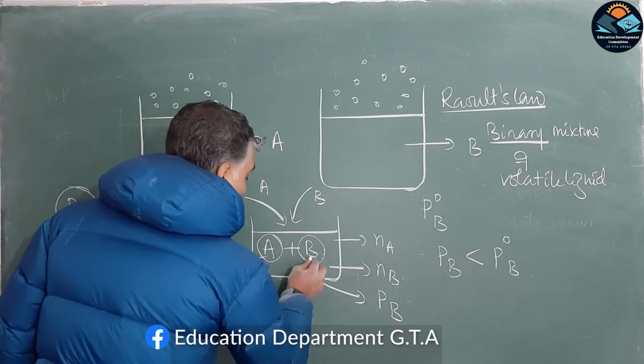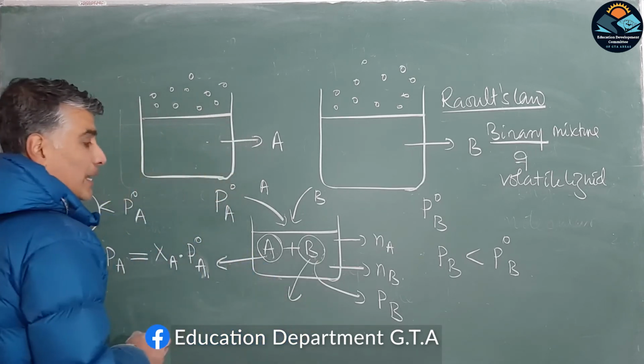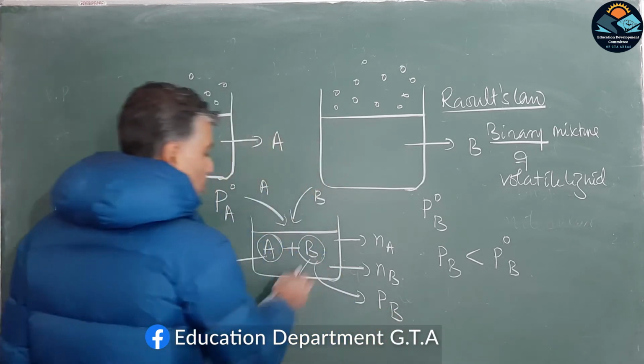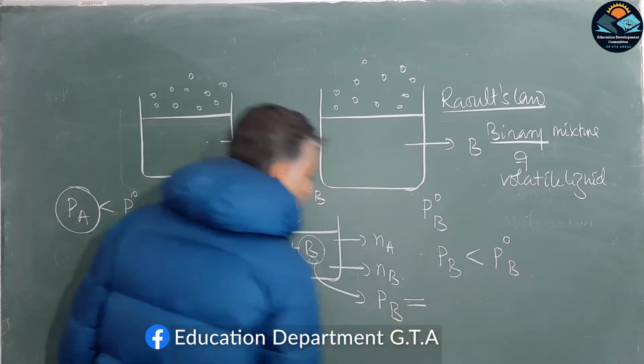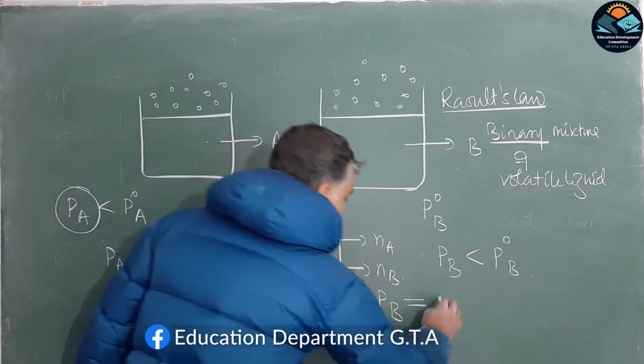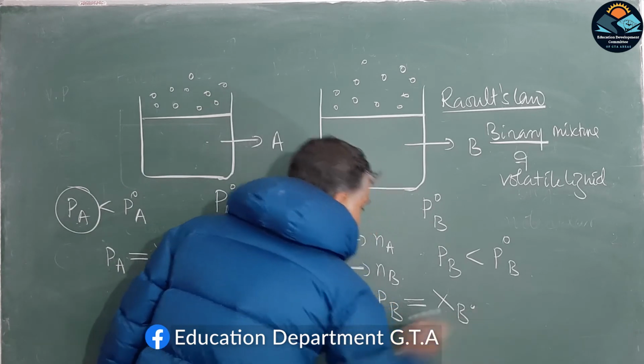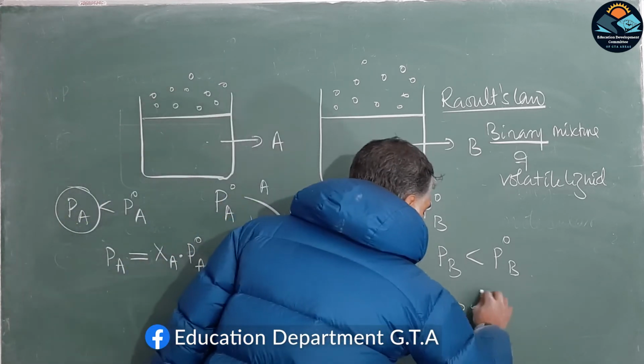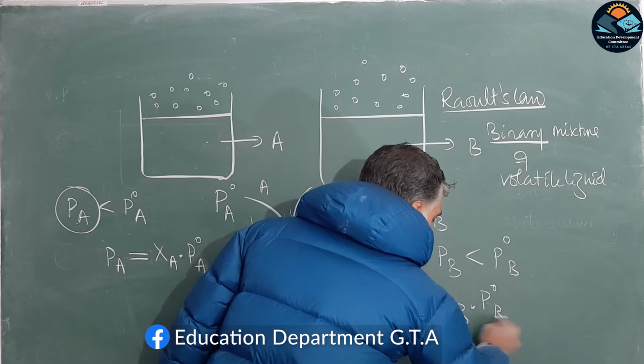So similarly, what is going to be the vapor pressure of B here? I have taken the vapor pressure of B in the mixture as PB. How much is PB then? PB is also given by the product of the mole fraction of B and the vapor pressure of B when it is in the pure state.